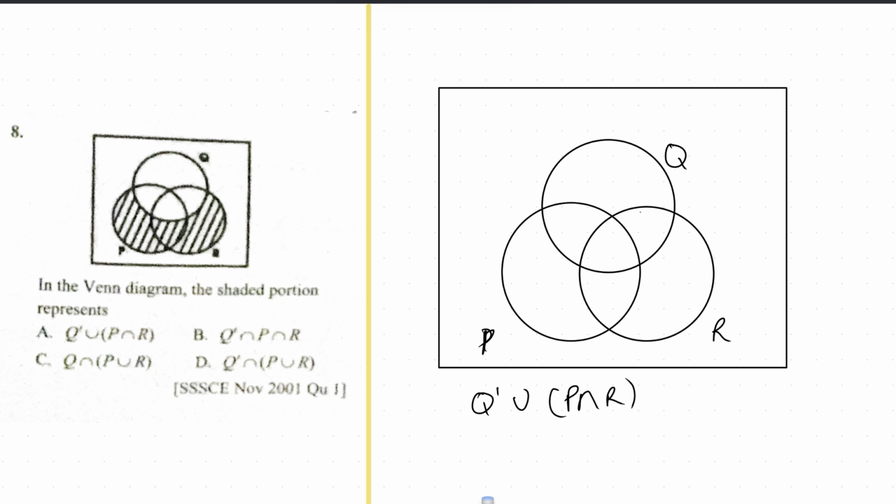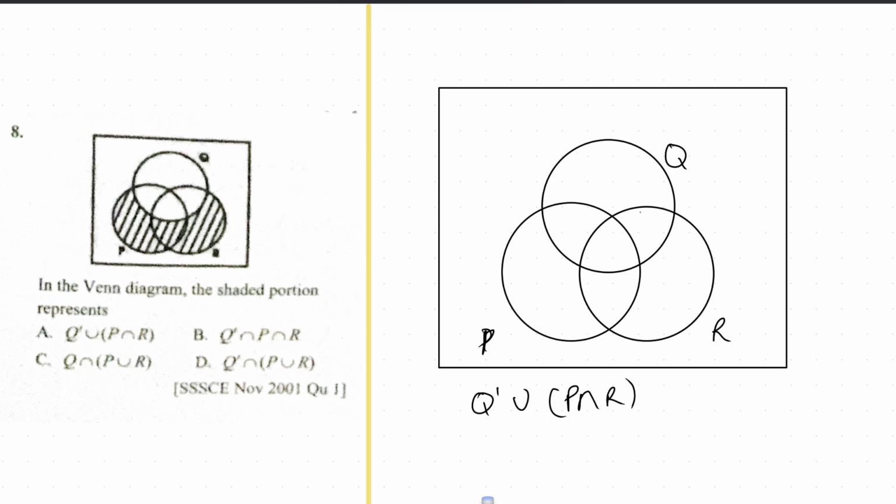It says Q complement, right? Q complement means everything that is outside of this circle, because this circle belongs to Q. So everything outside of this circle is Q complement.